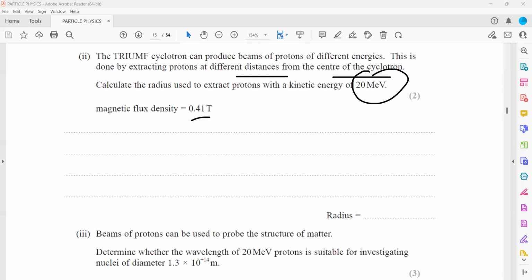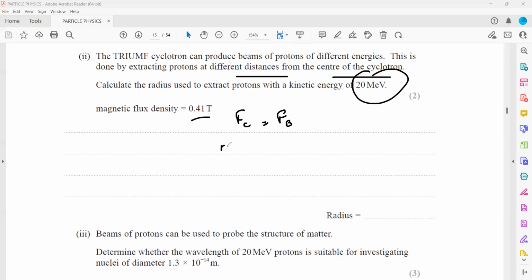So to work out the radius, here we already have the momentum, which we worked out previously. What happens is the centripetal force is equal to the magnetic force.